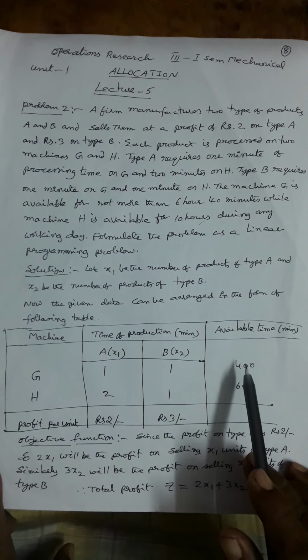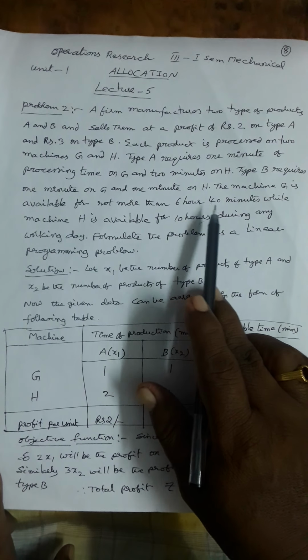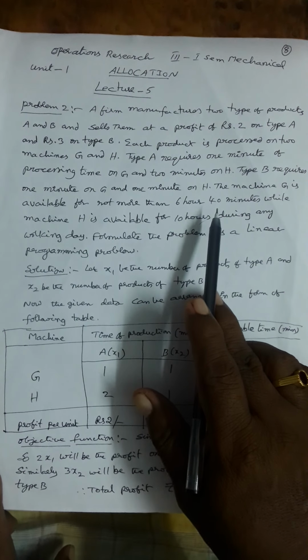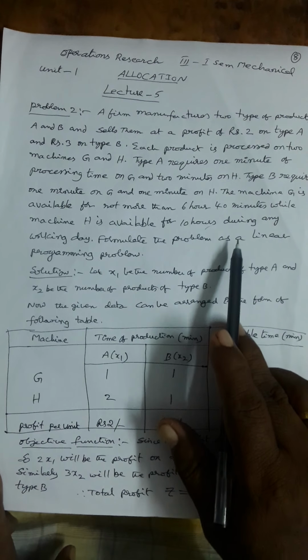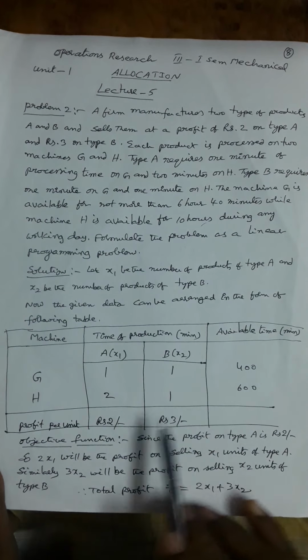How to get 400? What time is given here? 6 hours 40 minutes. 1 hour is equal to 60 minutes. 6 into 60, 360, plus 40, 400 minutes. And for H, 600 minutes.